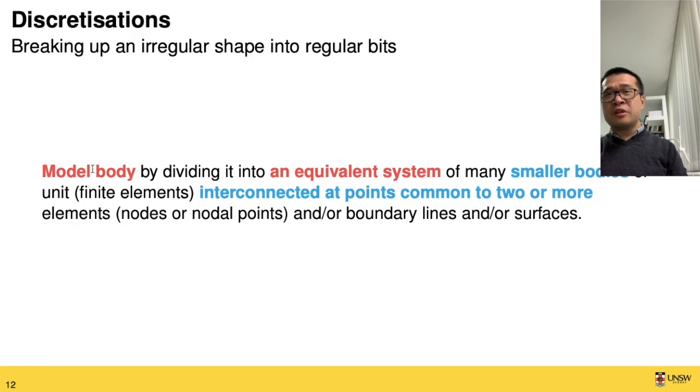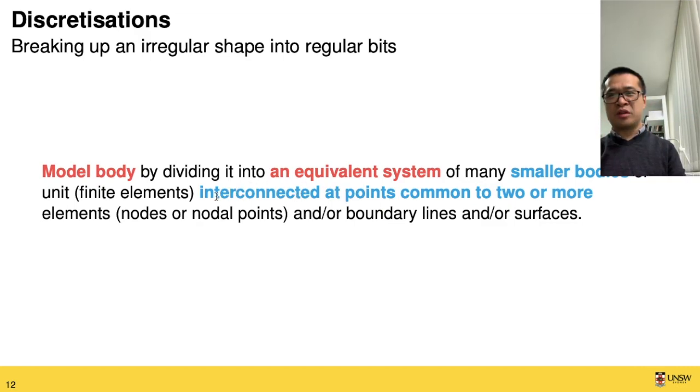So if you divide the model body into an equivalent system of many smaller bodies, you can work out the mechanics on those smaller parts using your linear equations. But then you also need to bring them back together to make a big body, right? So you need to make sure that when you divide those bits, you have points that allow them to connect back.